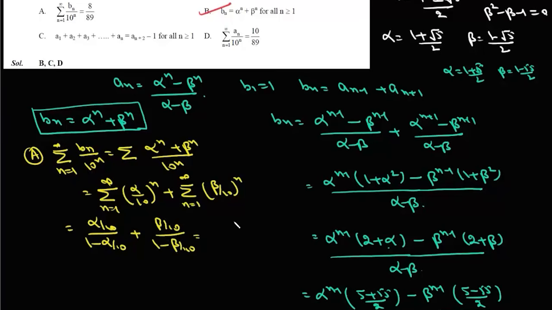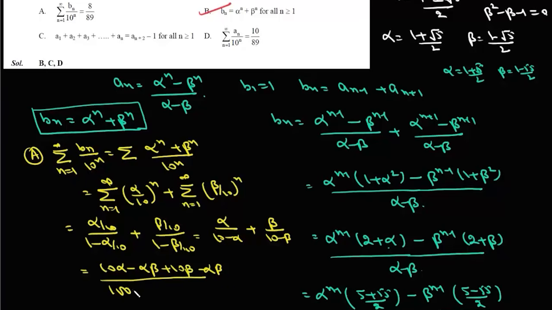So there will be alpha upon 10 minus alpha plus beta upon 10 minus beta, which we can write as (10 alpha minus alpha beta plus 10 beta minus alpha beta) upon (100 minus 10 (alpha plus beta) plus alpha beta).